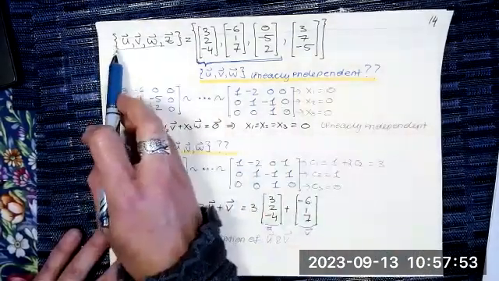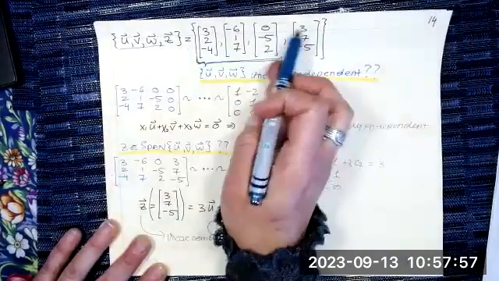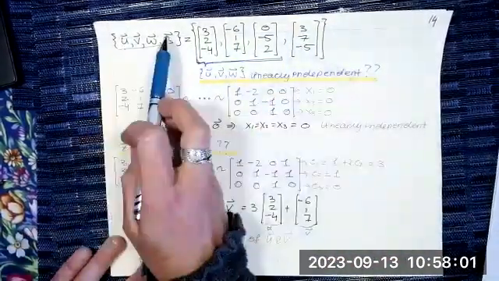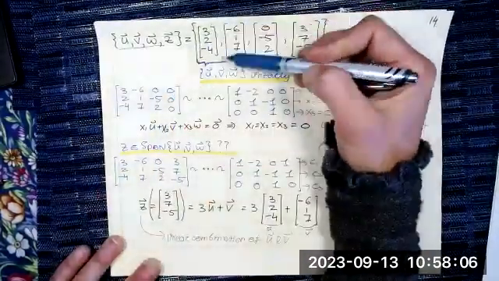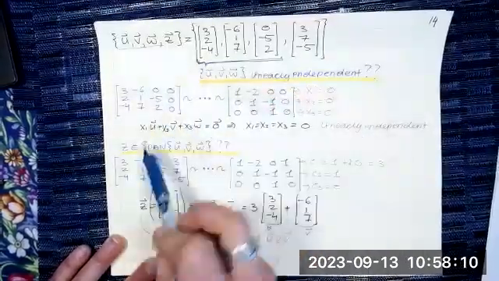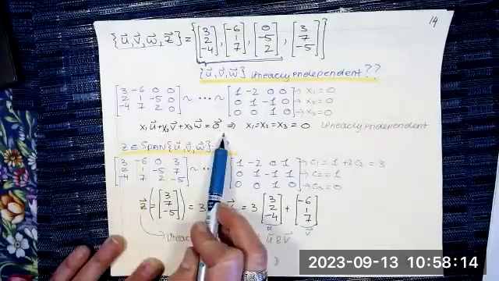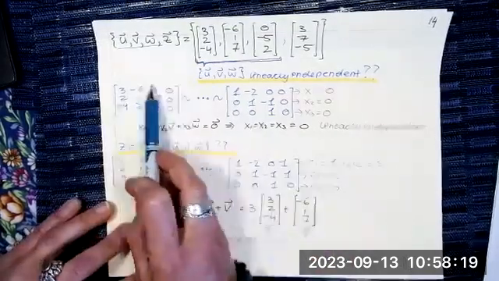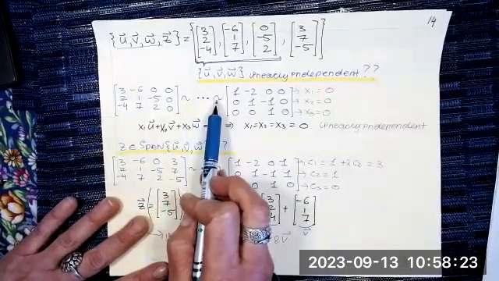Because I have 3 vectors of dimension 3, I can no longer use the shortcut of too many vectors of too little dimension. So I would put my 3 vectors as columns in my augmented matrix, augmenting the 0 column, because I'm trying to solve this vector equation and determine if it only has the trivial solution. I form my augmented matrix and do my elementary row operations.